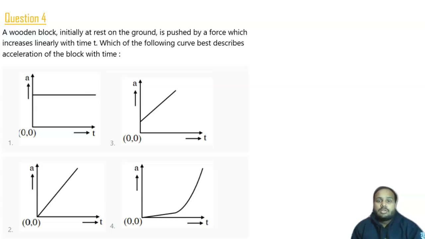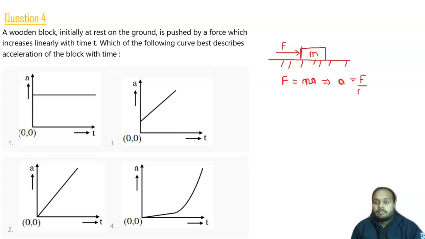Let us first draw the situation. Let's say that this is a floor and this is the wooden block, of mass m, and we apply a horizontal force F. So by second law of motion, we know that F will be equal to mass into acceleration, and therefore acceleration will be equal to F by m.